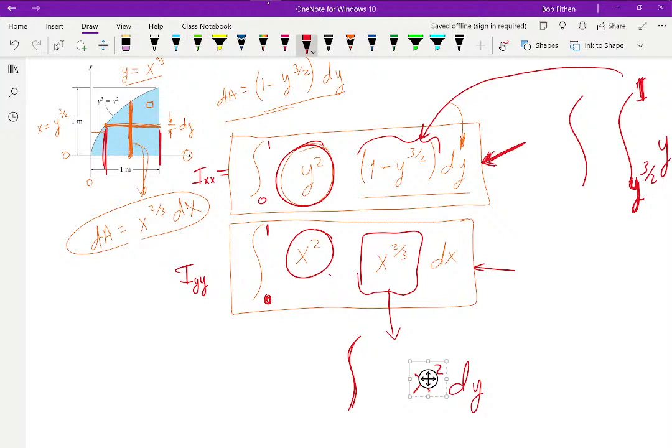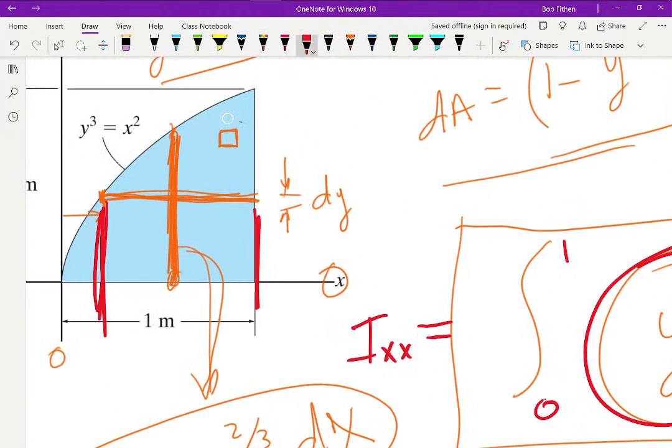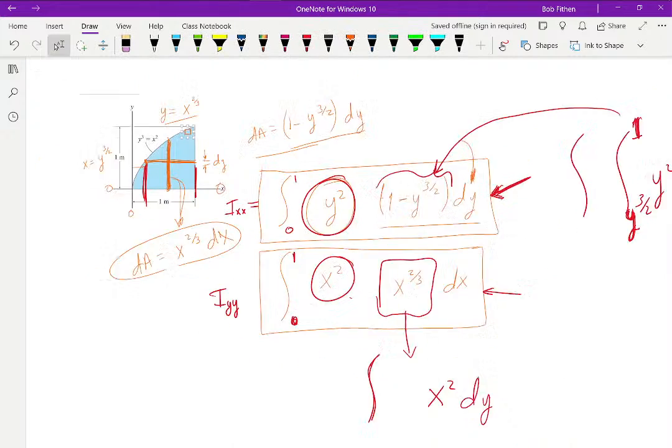Now I'm looking at a bar that first runs along the y. So in other words, the first integral is running from the bottom to the top. So when it hits the top, what is it there?